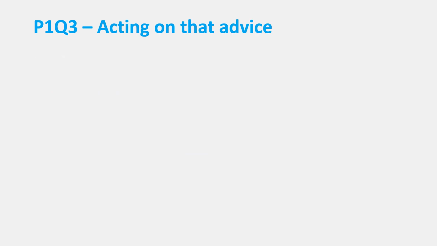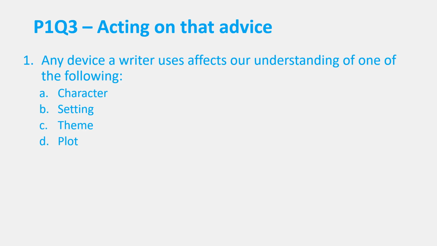But specifically, it's worth thinking about how we stop ourselves making these kind of non-comments about the effect of a particular structural method. And if anyone's looked at the recorded lesson on paper 1 question 2, I've said some similar things in there about language methods or language techniques and devices.